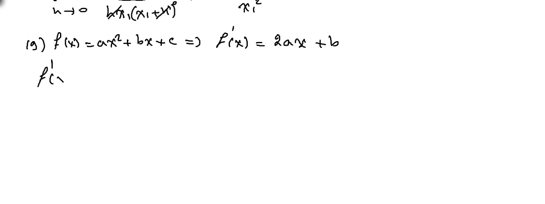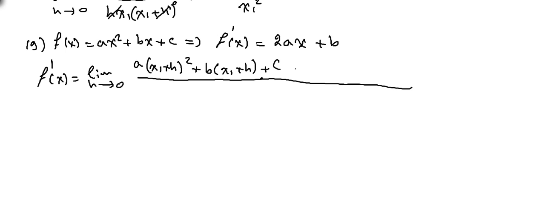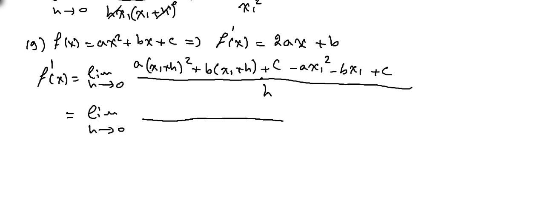The f prime of x is equal to the limit as h tends to 0 of f of x1 plus h. So instead of x, we put a times x1 plus h squared plus b times x1 plus h plus c, minus f of x1. So instead of x, just x1. So it's minus ax1 squared minus bx1 minus c, over h. And we simplify this. We expand what we have here.